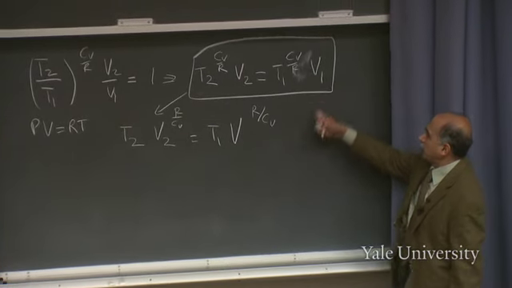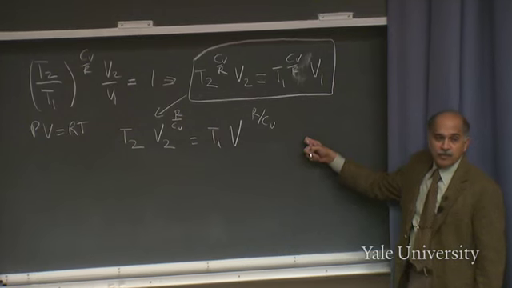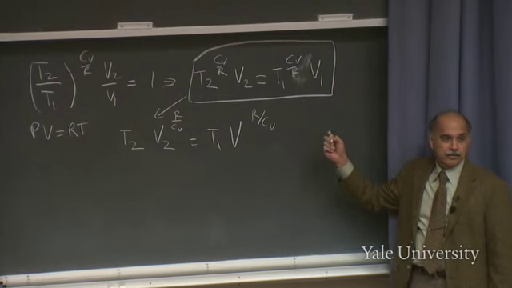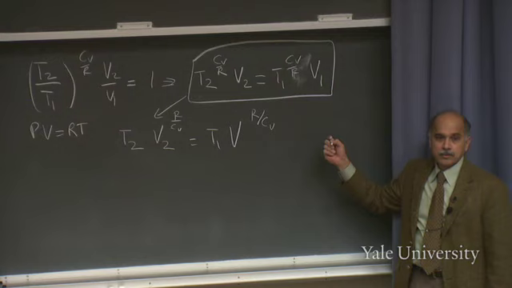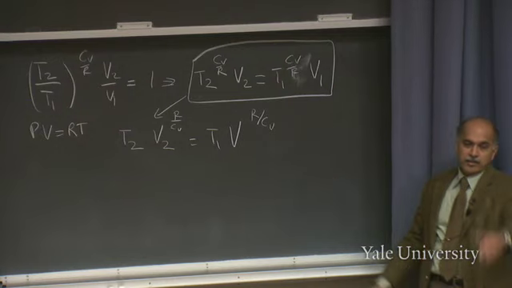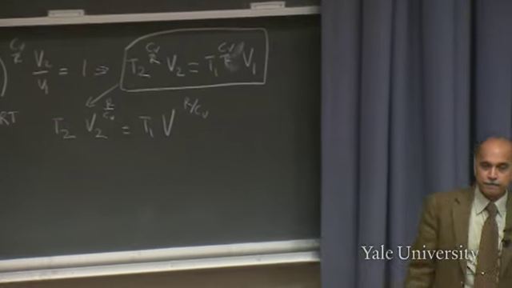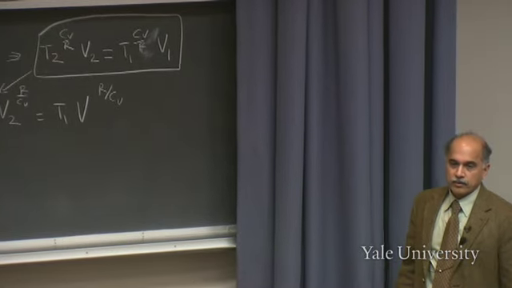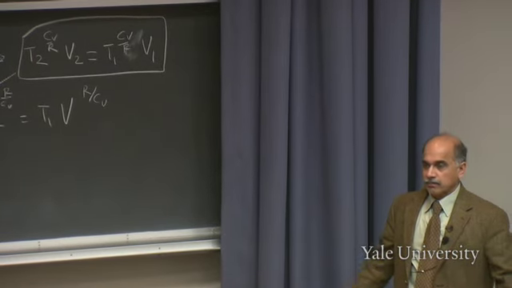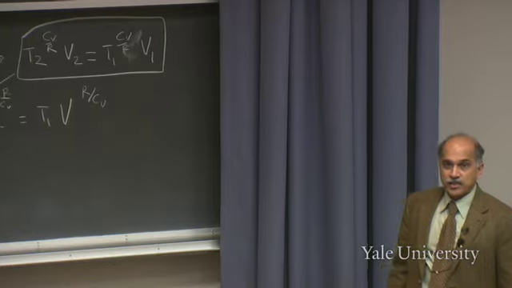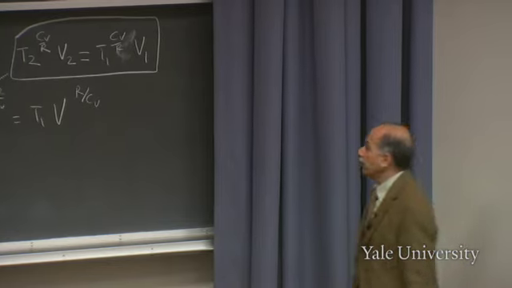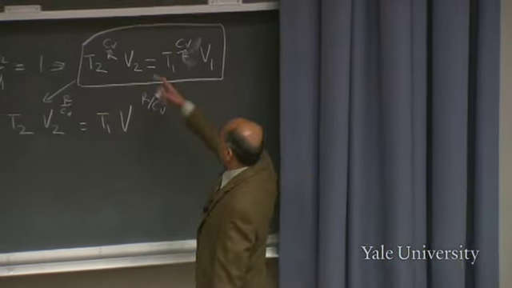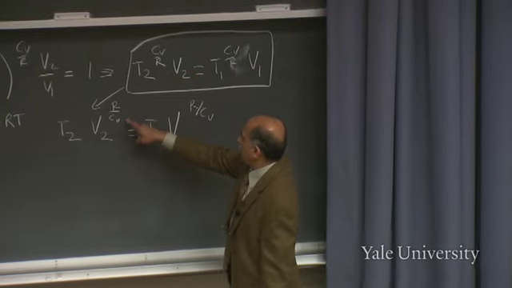If that is true, this is true. How did I go from here to here? Exactly. Raise both sides to the power R over CV. It's cooked up so that CV over R goes away and the R over CV falls on V2.